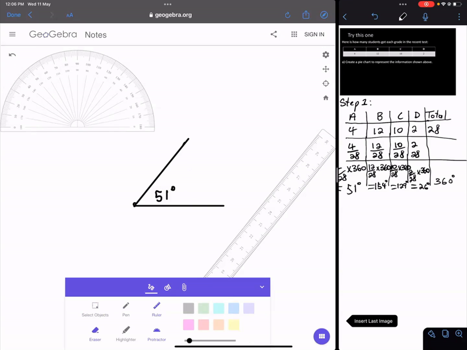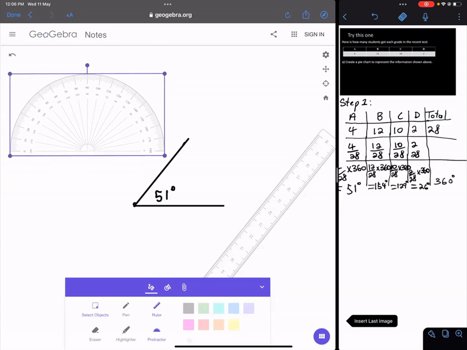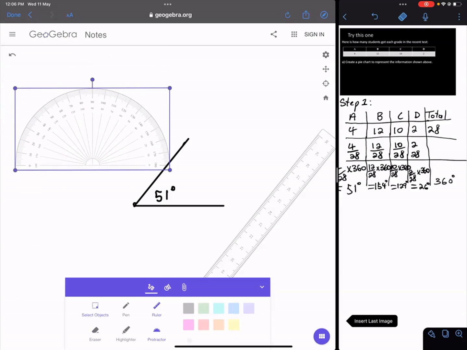So next we need to draw 154. The thing about this, we have to ensure that each time we are using our protractor, whichever line that we freshly drew is going to be our new line that we put the protractor on.